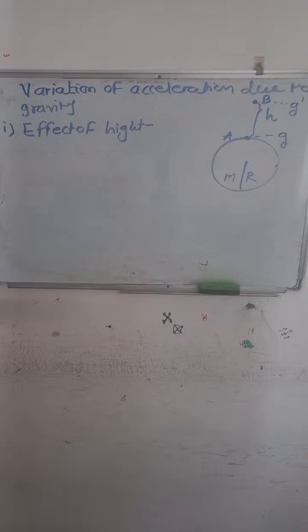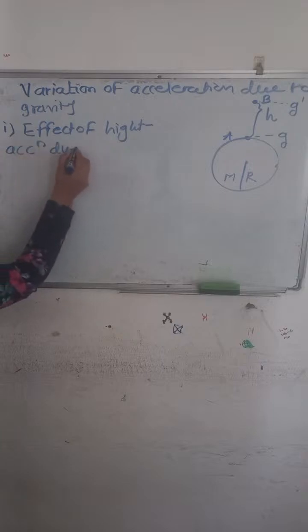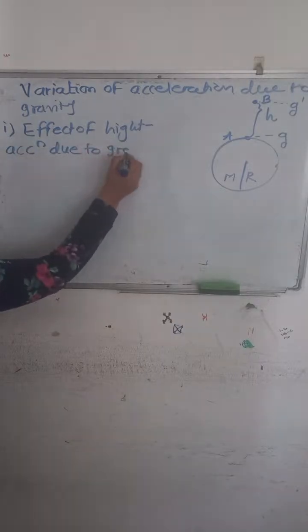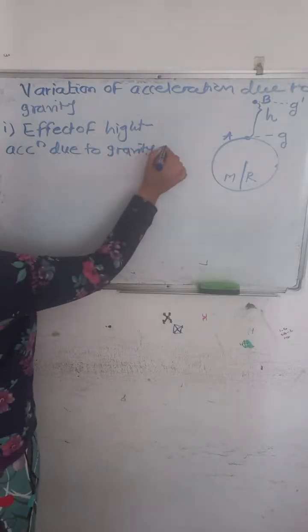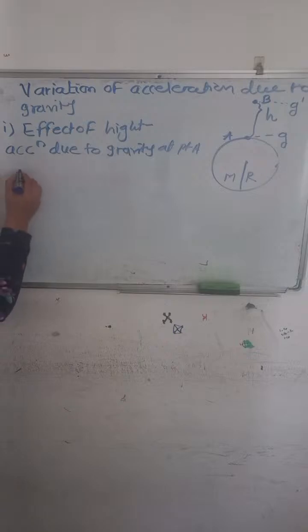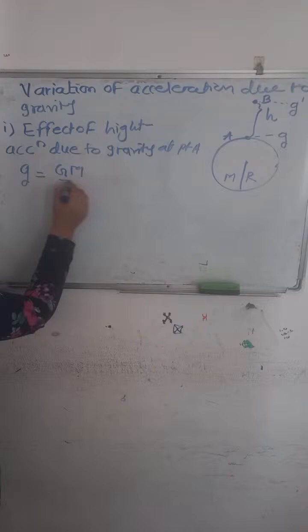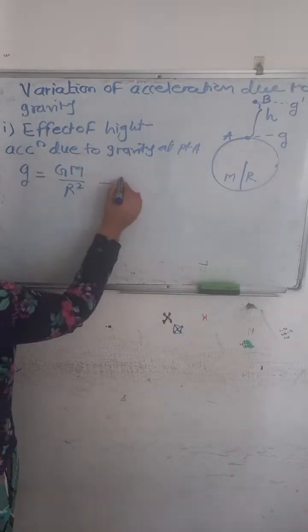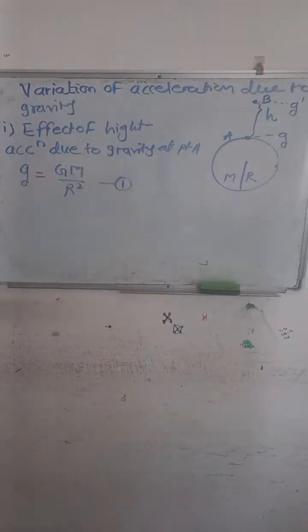Okay, so if I take the acceleration due to gravity at point A, we can write g is nothing but GM by R square. This is the very first one, I just did this derivation.